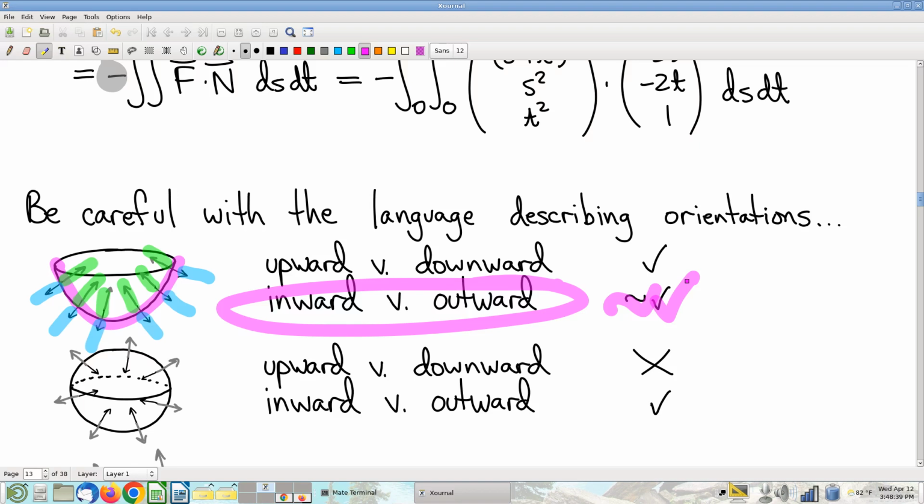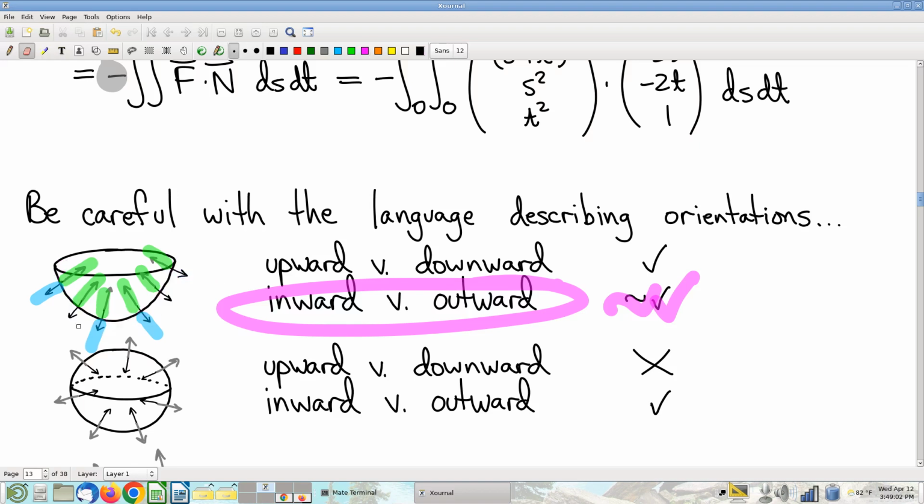There is no inside, and so inward, I don't think it's really quite right. But nevertheless, if you say inward, nobody's going to think blue. So it serves its purpose, but it's suboptimal, I think. I wouldn't call it wrong, but I'd call it suboptimal.